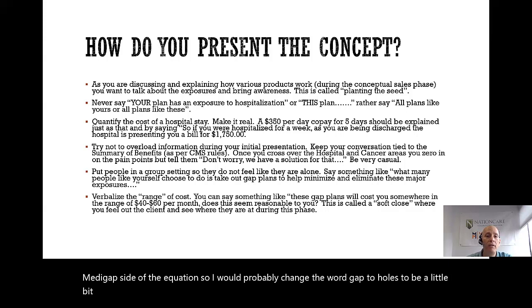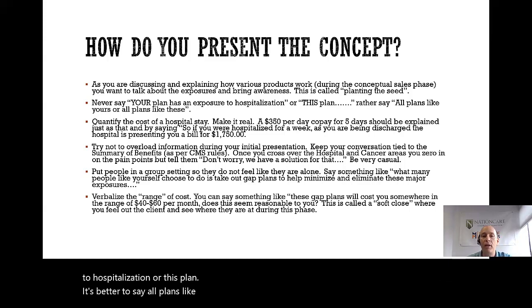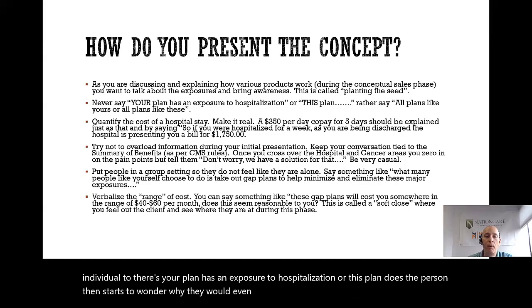The next thing you want to consider is never say your plan has an exposure to hospitalization, or this plan. It's better to say all plans like yours or plans like these, okay? Because when you make it individual to theirs, your plan has an exposure to hospitalization or this plan does, the person then starts to wonder why they would even want to have that plan in the first place.